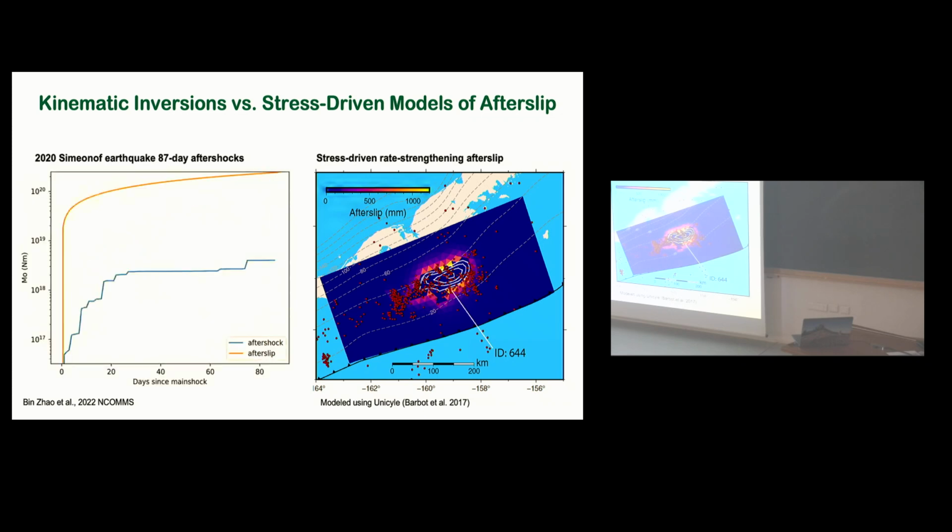Importantly, the moment released in the earthquakes, in this case, is 2 orders of magnitude less than the moment released in the afterslip model, right? So definitely that deformation we see is essentially 100% aseismic. The aftershocks just kind of provide a little bit of noise to that system.